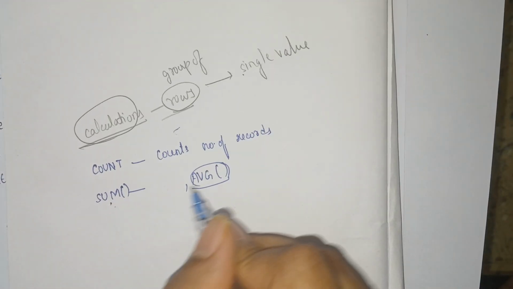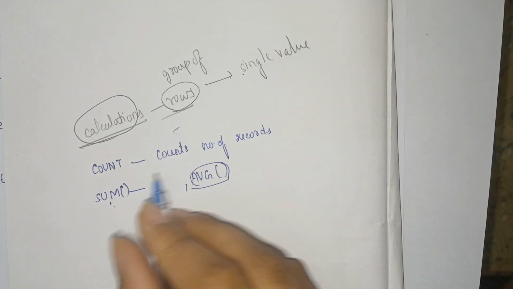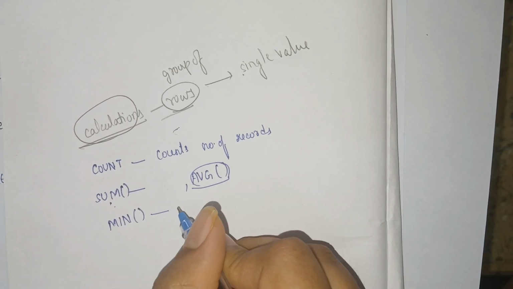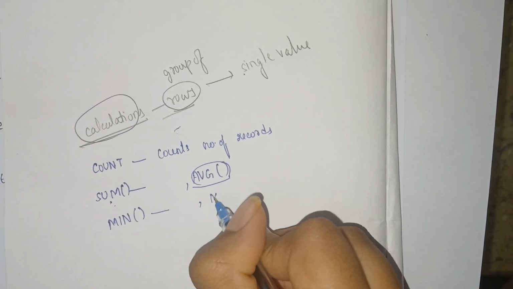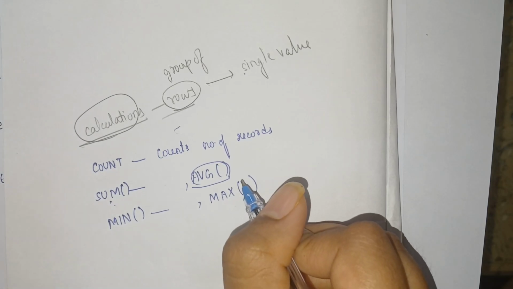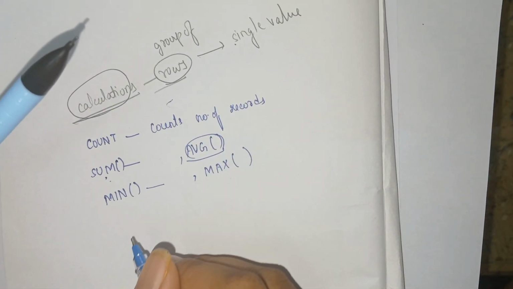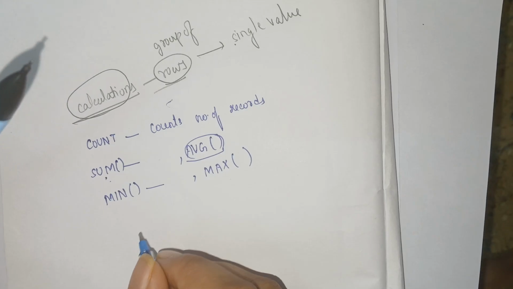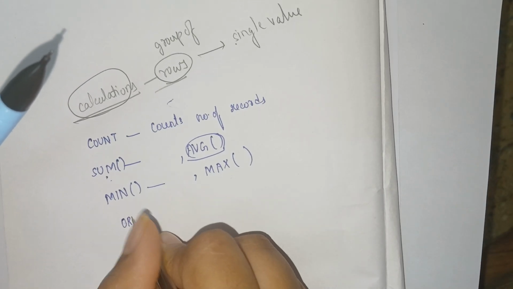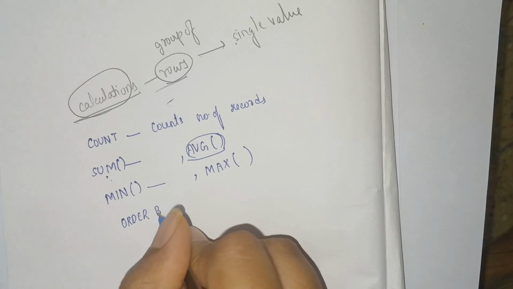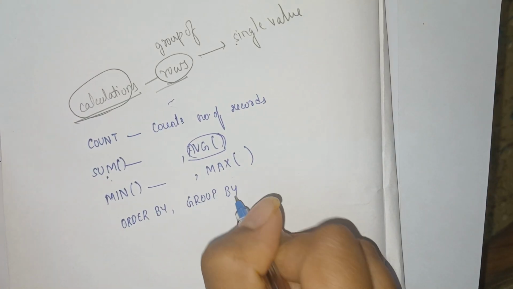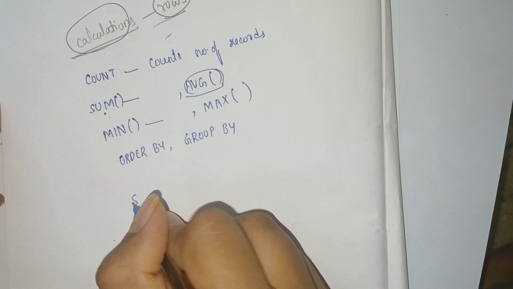The min function returns the smallest value, and the max function returns the maximum value. I'll give you an example of average. Aggregate functions generally are used with order by and group by. We will understand the concept of group by later. For suppose, let me give you an example.